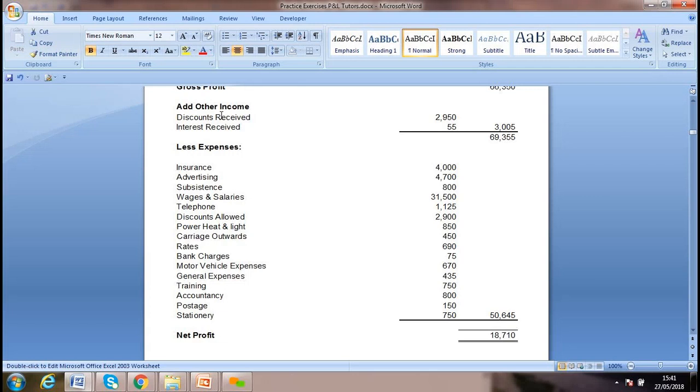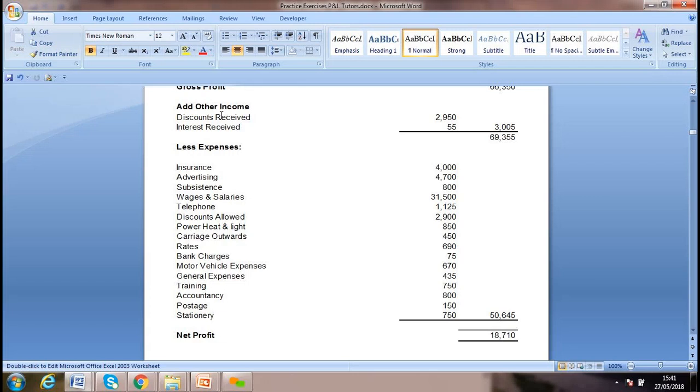Telephone expenses. Discount allowed, expense. Power, heat and light expense. Carriage outward expense. Rate expense. Bank charges expense. Motor vehicle expense. Journal expense. Training expense. Accountancy expense. Postage expense. Stationery expense. So I had them all.